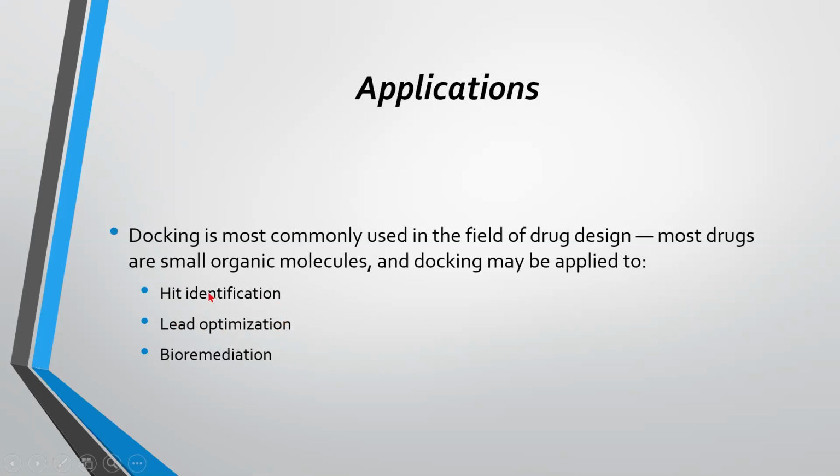This step of drug discovery or drug designing is called lead optimization. Here also you would apply the molecular docking methods. So in hit identification, you can do molecular docking analysis. Similarly, in lead optimization step of drug discovery also, you can apply these molecular docking operations.